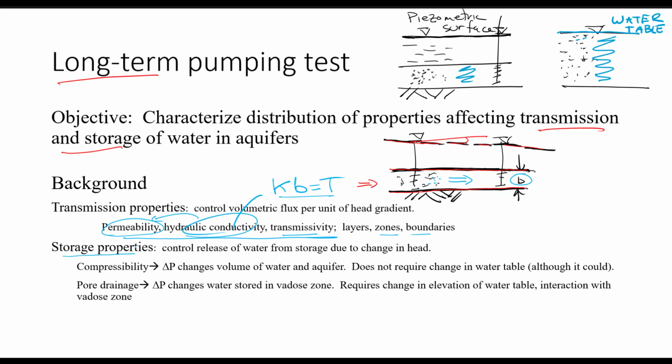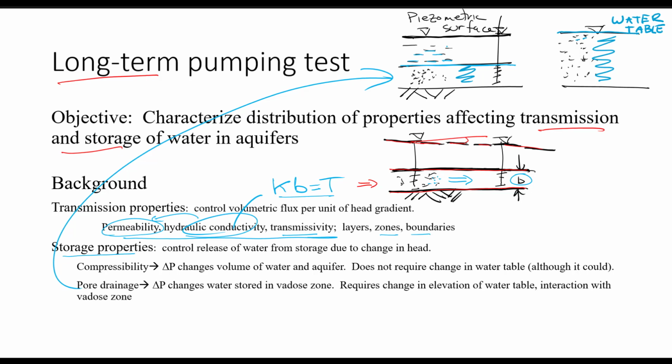The storage properties of an aquifer control the release of water from storage due to a change in head. There are two important mechanisms at play to release water from storage. If we look up here at this illustration, we can see one of them. I've drawn this as a confined aquifer, and again, the idea is that this layer prevents any water from crossing it. I've used a symbol here to indicate that this is clay or shale.